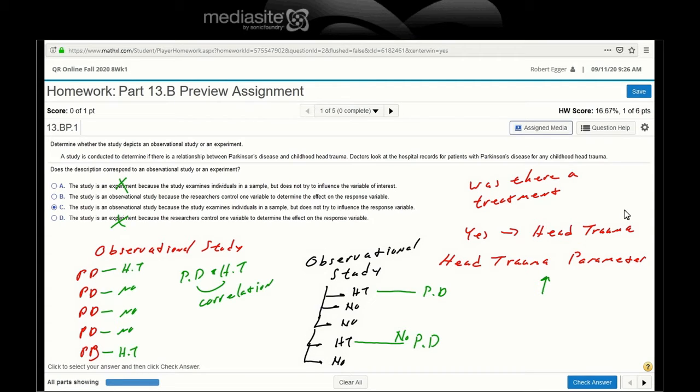What that allows doctors then to do is try to actively intervene. So when a child has head trauma, is there then a treatment that can be developed such that Parkinson's disease doesn't happen?